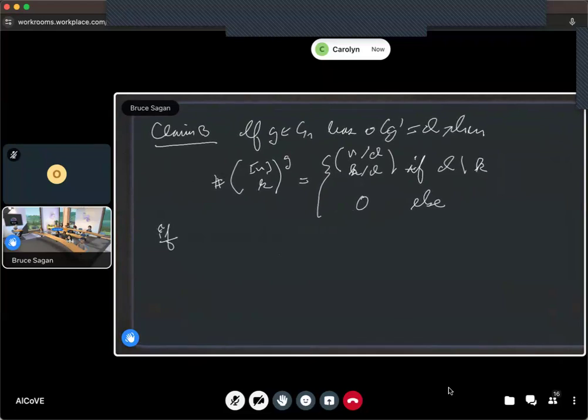Okay, so remember, G is in the group generated by this cycle.